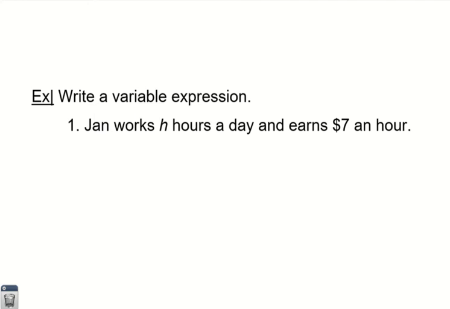$7 every hour for H hours. Don't you normally multiply those two quantities together, and that's going to be your total pay for that day? If you worked 3 hours that day, wouldn't you do 7 times 3 to get your total pay?